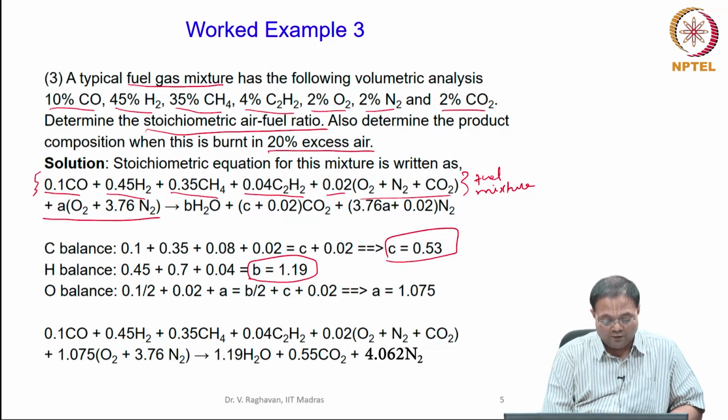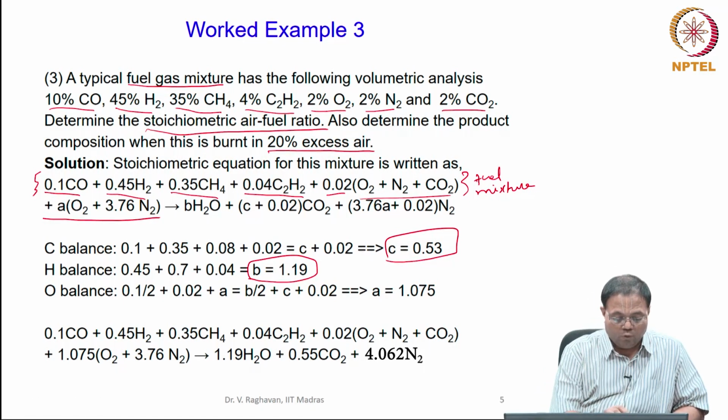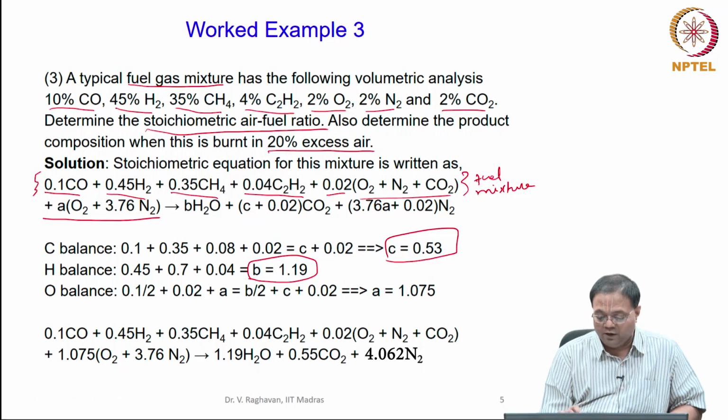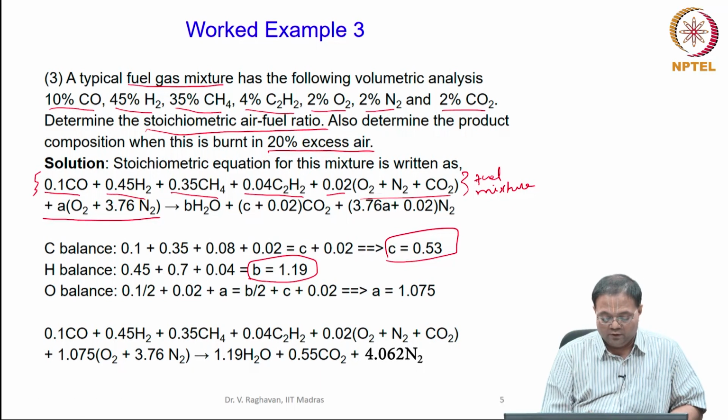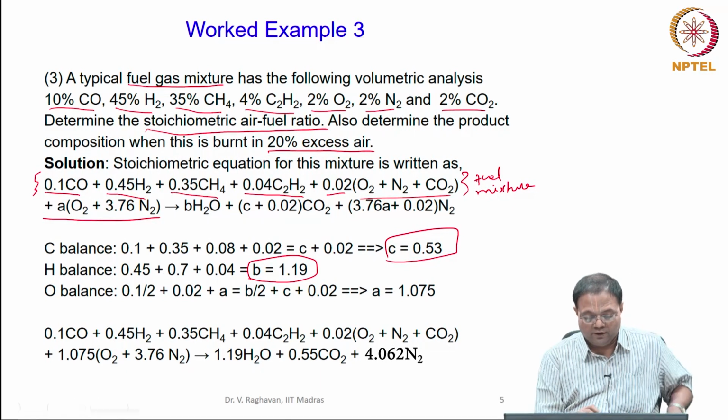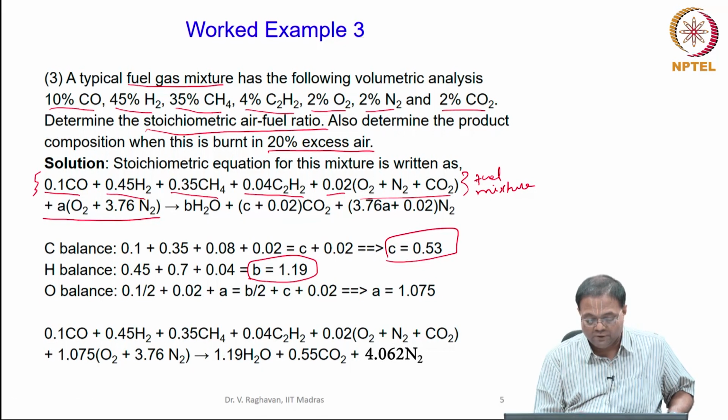Similarly, the O balance: on the reactant side, 0.1 divided by 2 O2, plus 0.02 O2, plus A O2. On the product side, B by 2 O2 for the water, then C plus 0.02 O2.